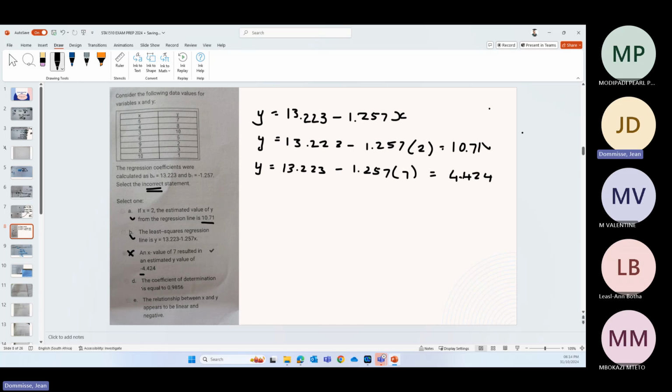So then we don't need to work out the coefficient of determination. We know that one is correct. And the relationship between x and y appears to be linear and negative. This time around, it is negative, so that one is also correct. So we didn't need to work out the coefficient of determination.